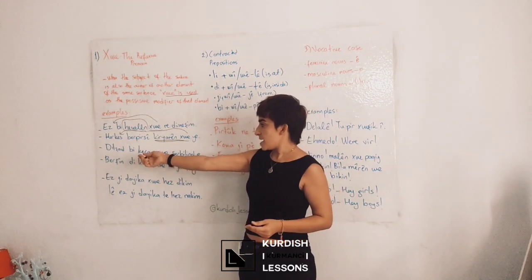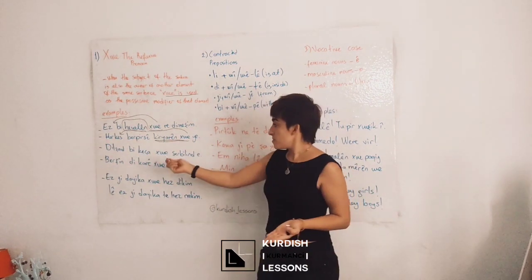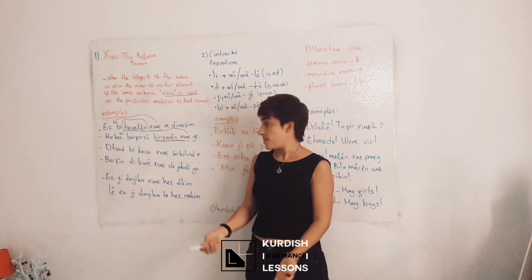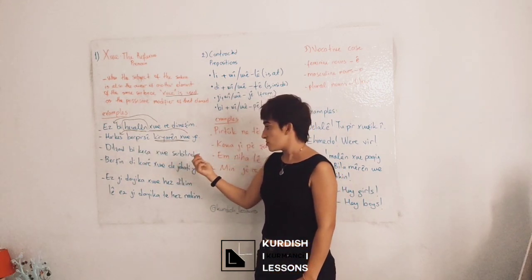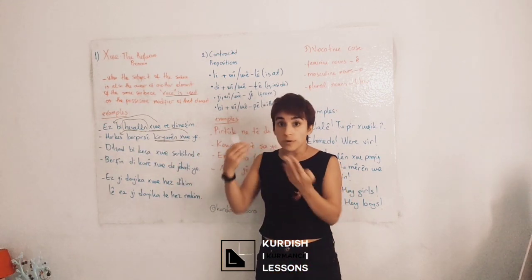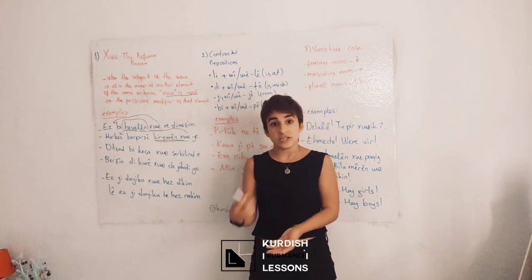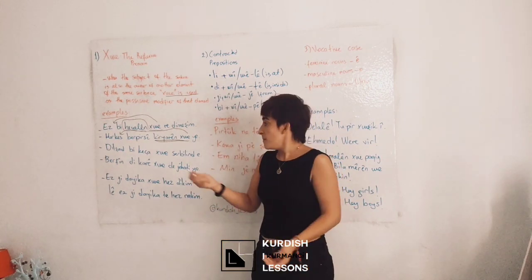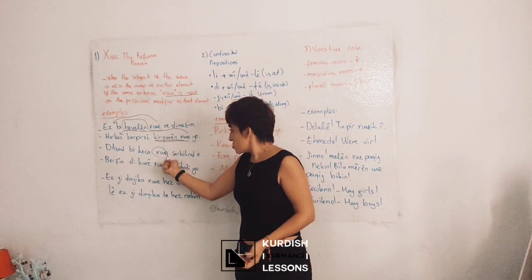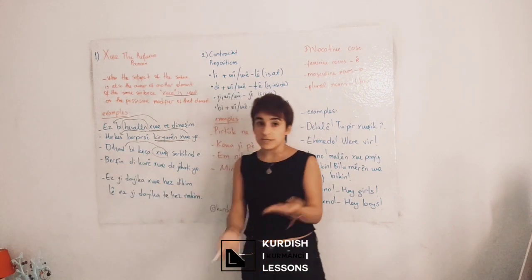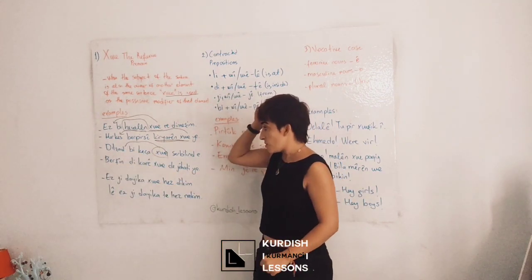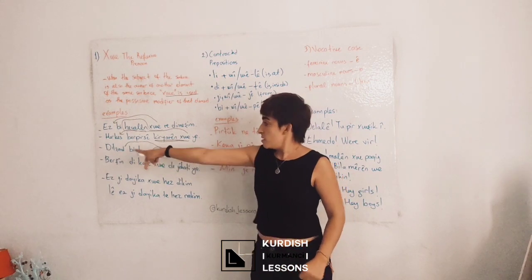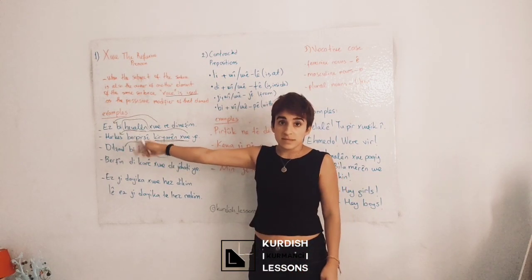And the next one says "Dilşad bikeça xwe serbilind e." Dilshad is proud of her own daughter. When you translate into English, you don't need to say "own", but to show that this daughter belongs to Dilshad, we need to say "own". So it's not someone else's daughter, it's Dilshad's daughter.